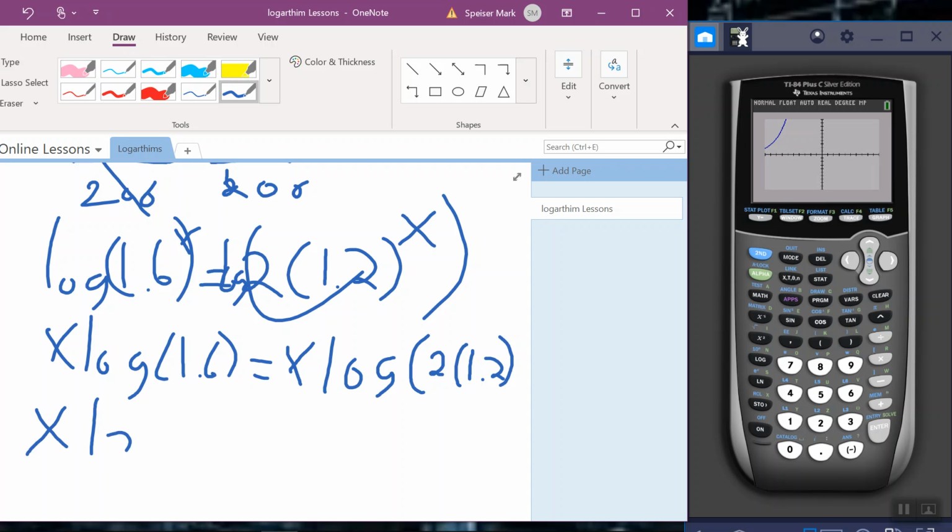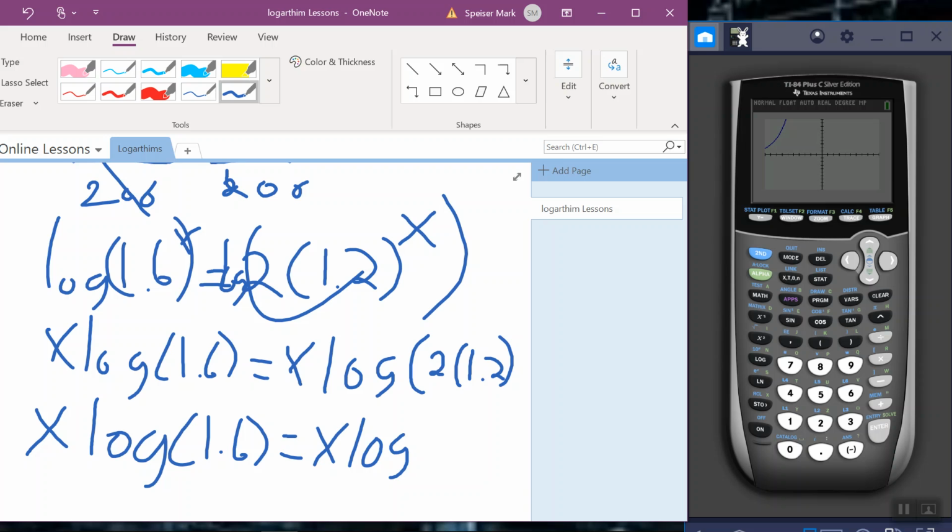X log of 1.6 equals x log of 2 times 1.2, which is 2.4.